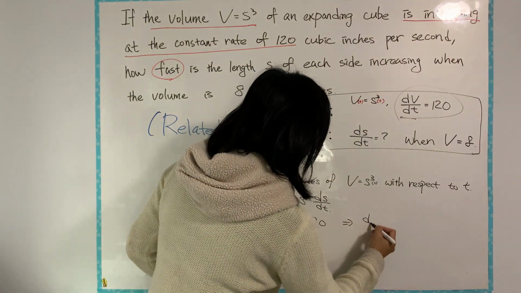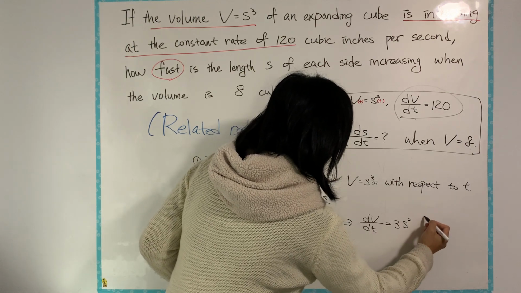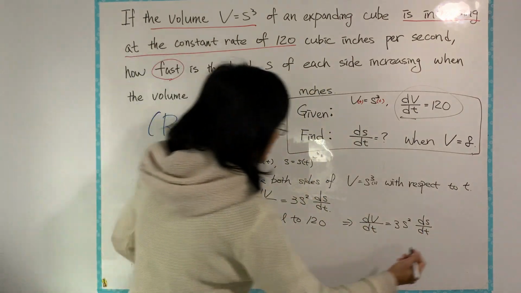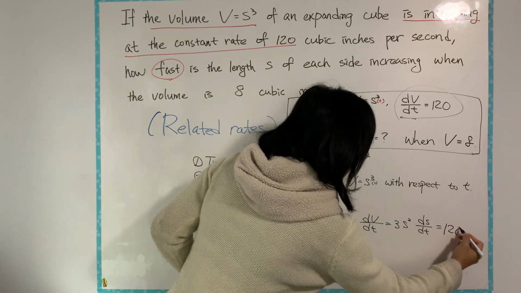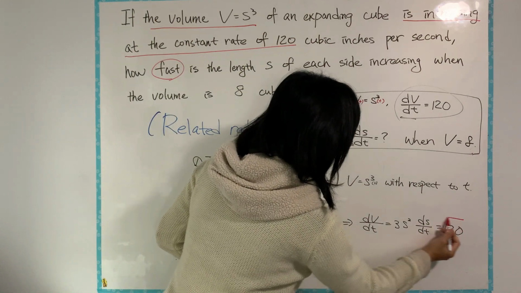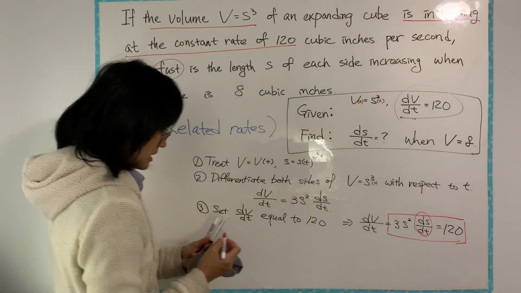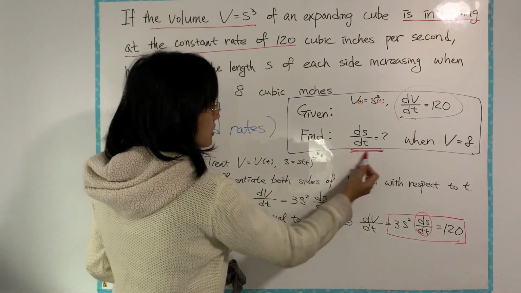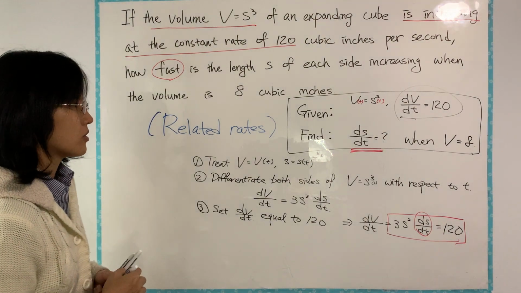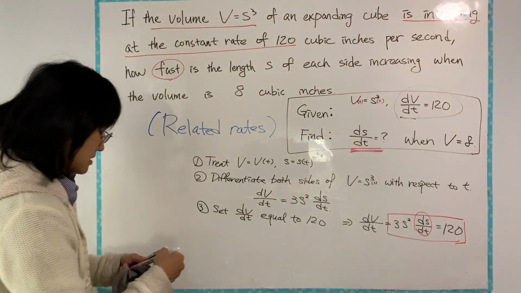So you have dV/dt equals 3S squared times dS/dt, the formula you get from step 2, equals 120. Now you can see that you get an equation that involves dS/dt, and dS/dt is the term that you are looking for. But you're not looking for dS/dt in general. You are only looking for dS/dt when the volume is equal to 8.